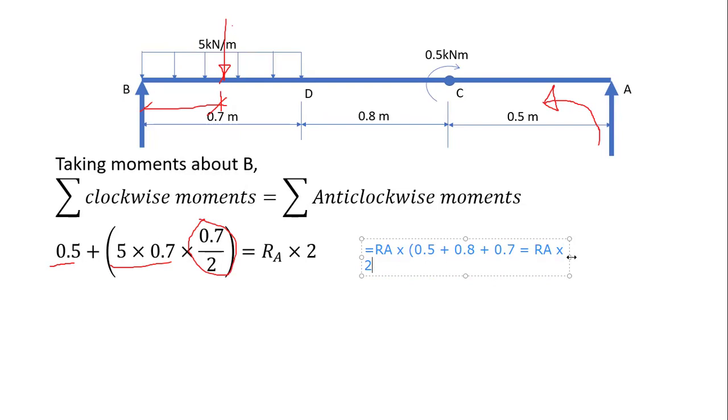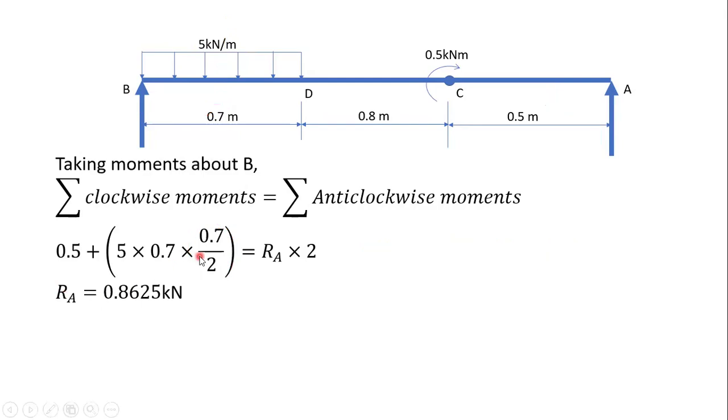So that's why you can see that here we've written RA times 2 meters. Now from there you make RA the subject of the formula. The end result is RA being equal to 0.8625. That is our reaction we have just calculated.